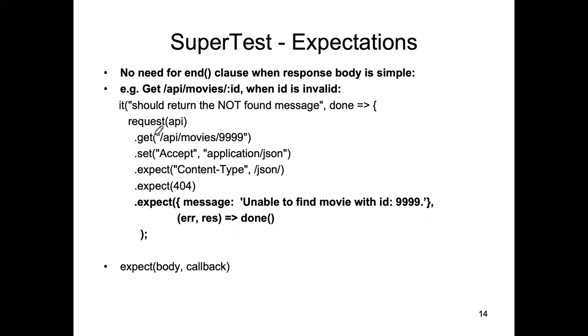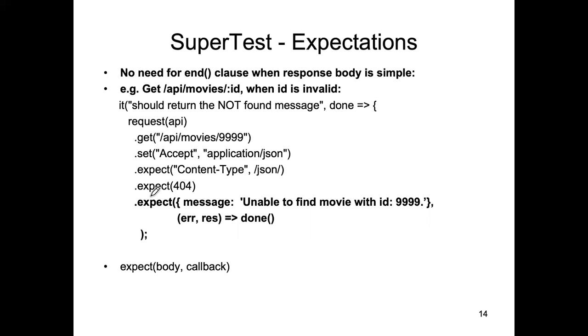I'm illustrating here by supposing I do a GET request to a particular movie where 9999 is not a valid movie ID. That should return a 404 status code, and the body of the response just contains some sort of error message.